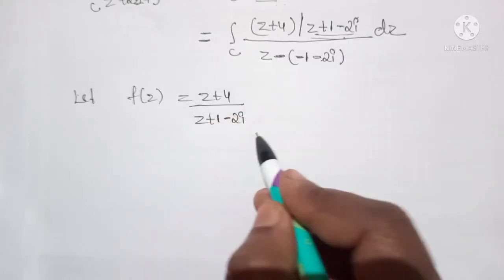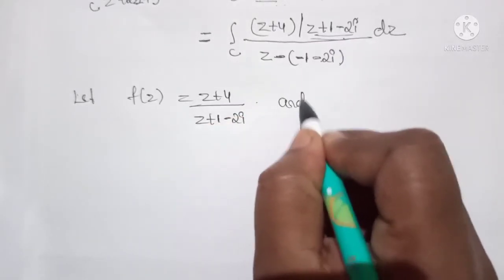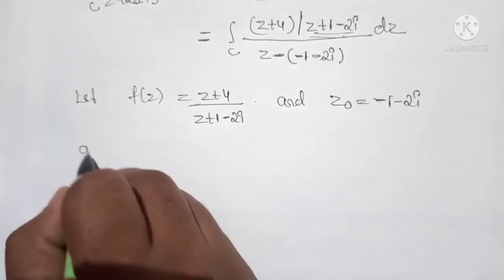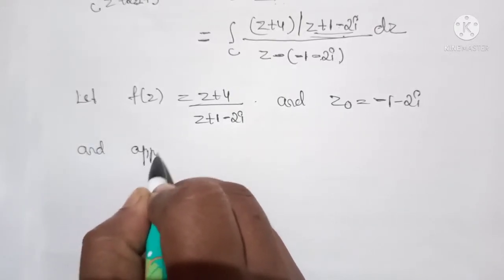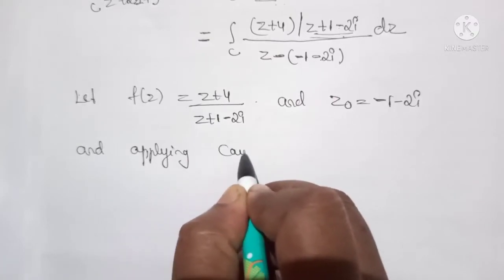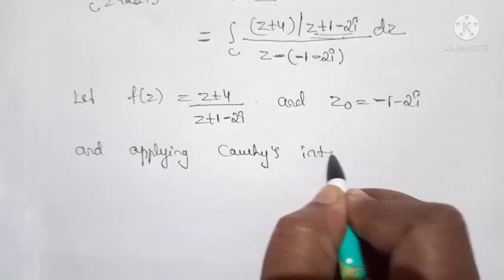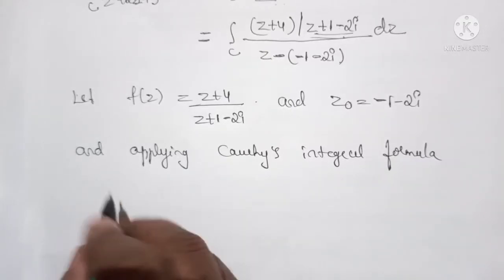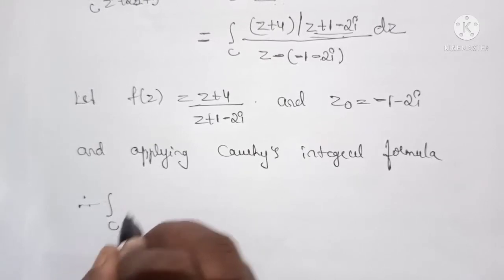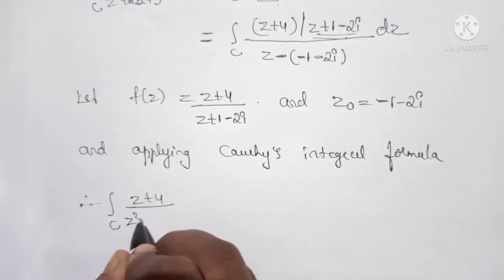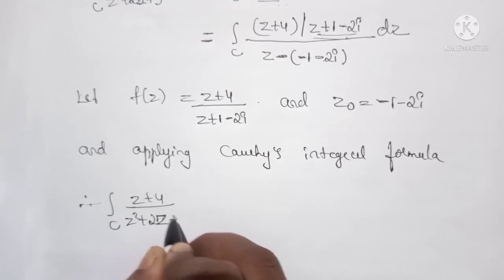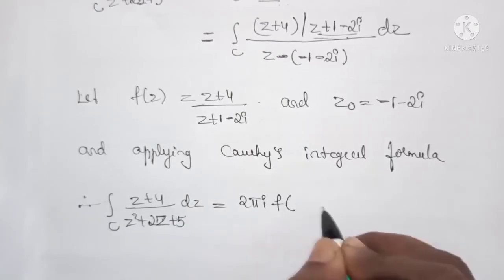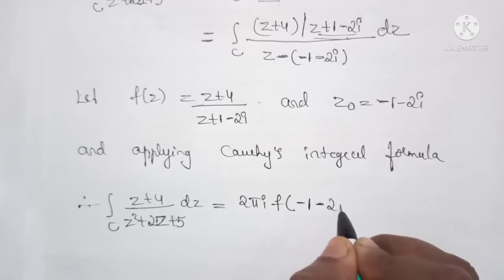So we treat this as f of z, and z naught equals to minus 1 minus 2i, and applying Cauchy's integral formula, already we have written the formula. So therefore the given integral of z plus 4 over z square plus 2z plus 5 dz is equals to 2 pi I f of z naught, which is f of minus 1 minus 2i.